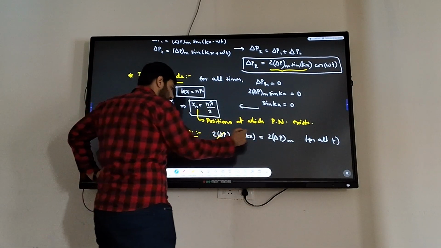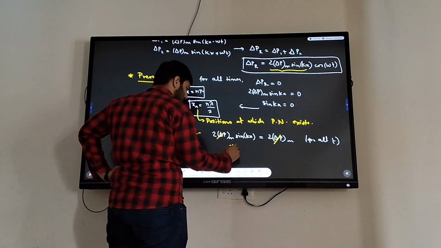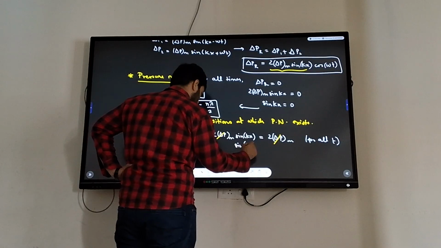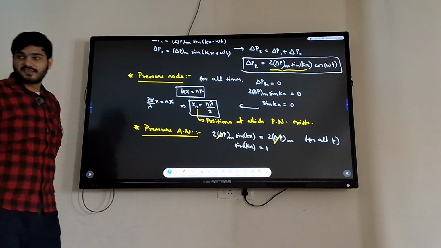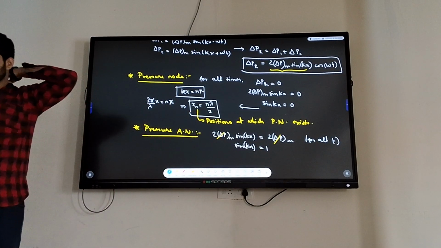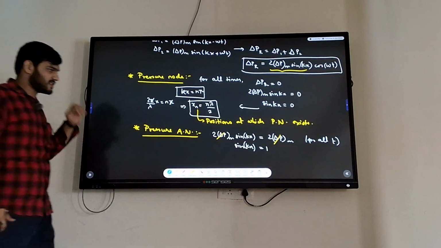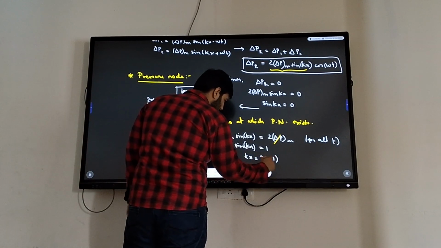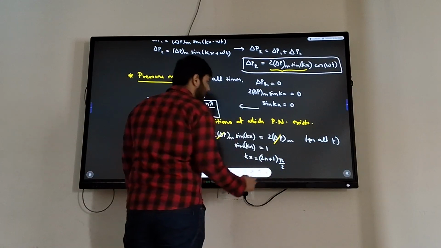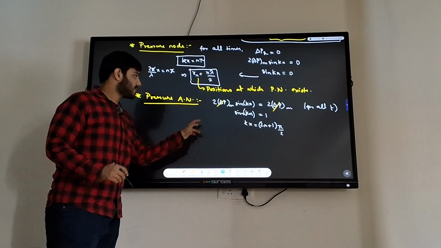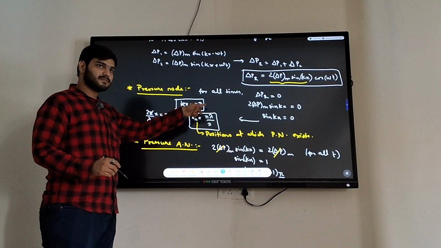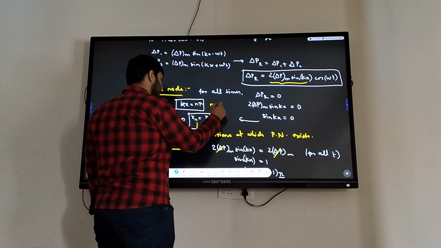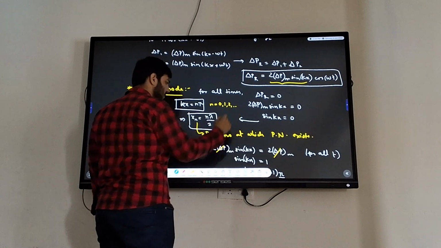And if that cancels, then what is the condition on kx this time? 2n plus 1 pi by 2, he says, and that's correct. kx should be equal to 2n plus 1 pi by 2. I did not write it, but from where can n start here? It can start from 0. n equal to 0, 1, 2, and so on.